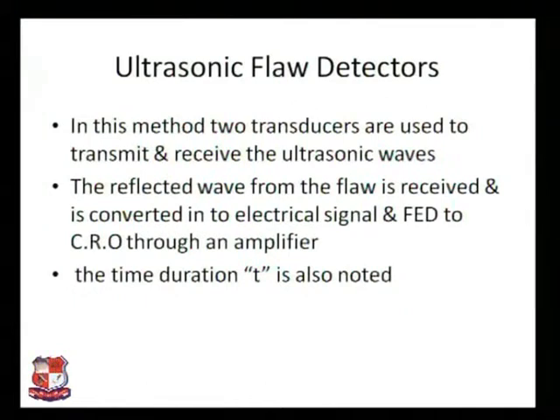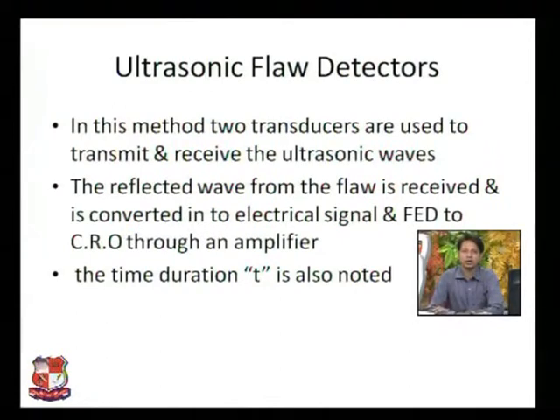We use a transmitting transducer to convert the electronic signal into an ultrasonic signal, and when those ultrasonic waves are received by the receiving transducer, they are again converted into an electric signal.